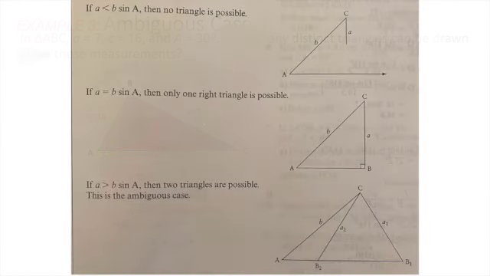Okay, so this is in your textbook. I took a picture of it. This is a kind of shortcut that you can use to decide how many triangles can be drawn.